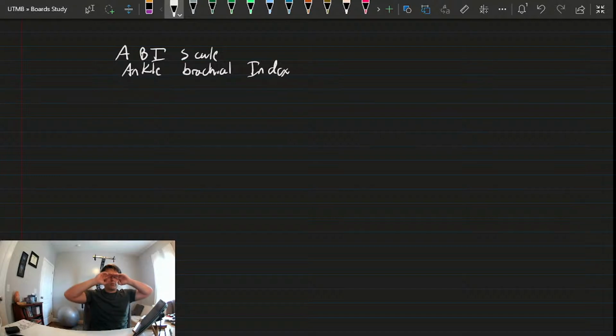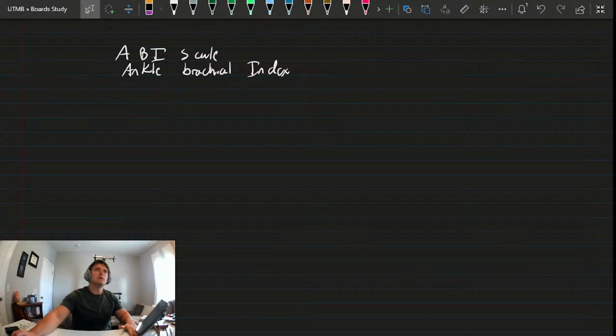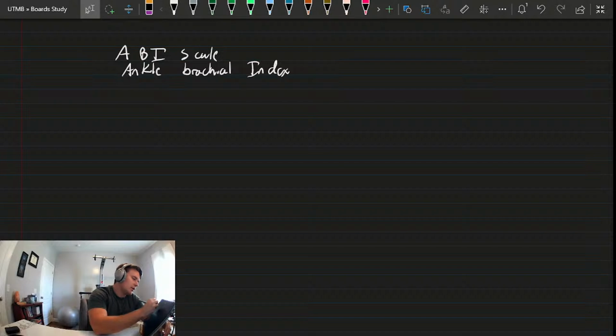This is whenever you measure the blood pressure in the arm and the leg and measure the difference. Okay, so ankle-brachial index, sorry.